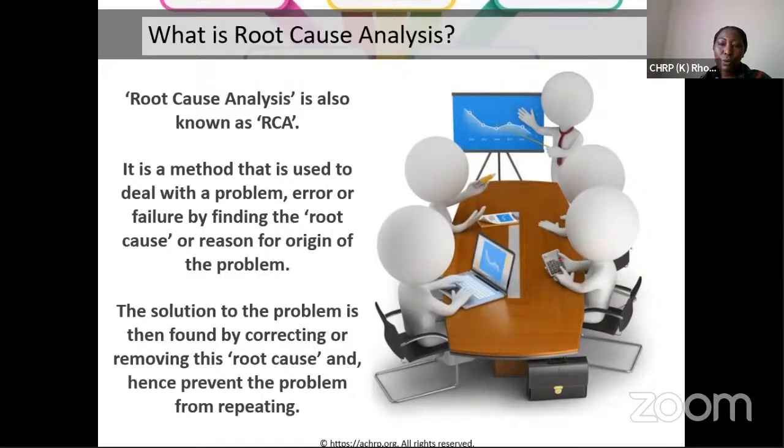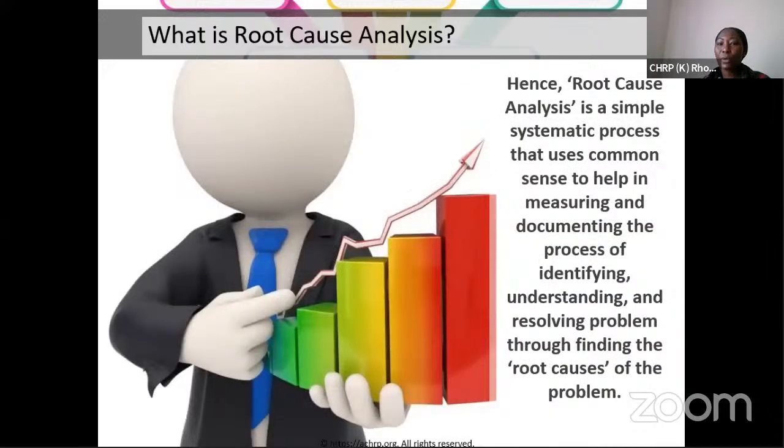Then you may find there are small causes, maybe staff negligence, the issue of not being keen, probably those manuals were there. The quick fixes you can fix as you correct the bigger one. So that is basically what root cause analysis is all about.